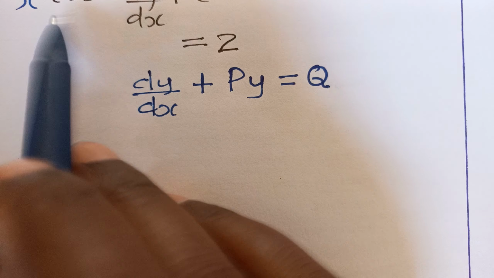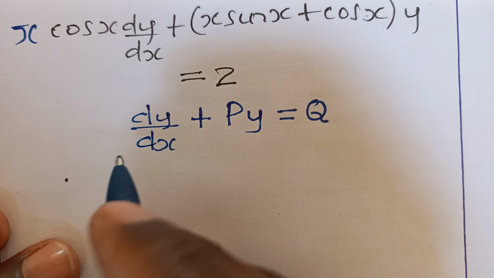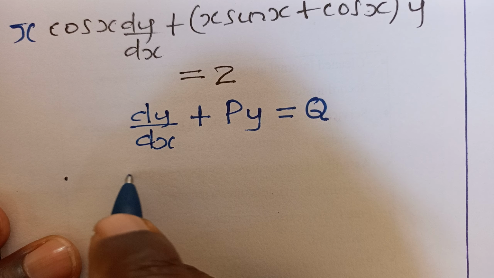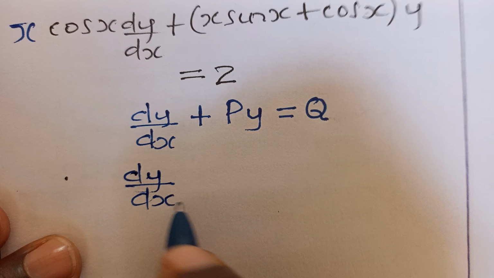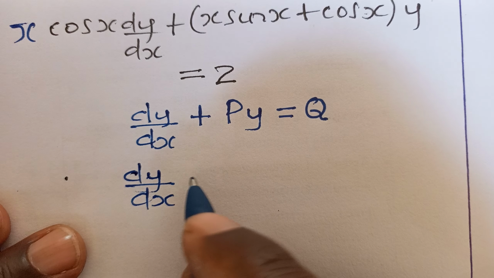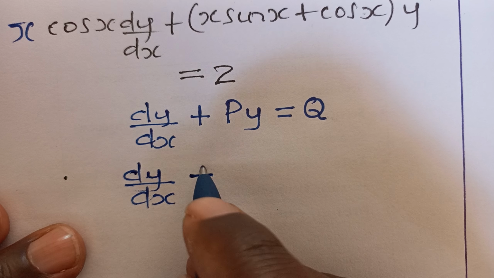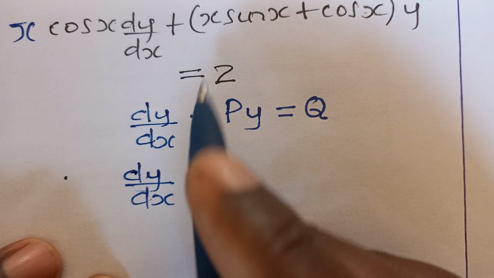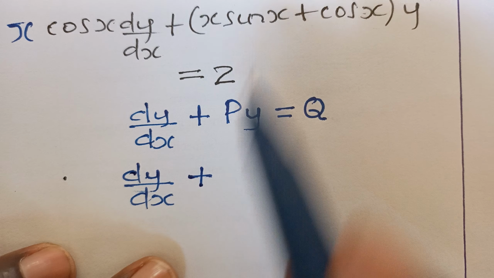So we are going to divide every side by x cos x. And so we shall have dy over dx on this side. On this other side, we shall have plus, and we are dividing all the terms.